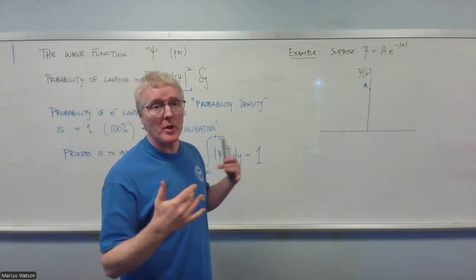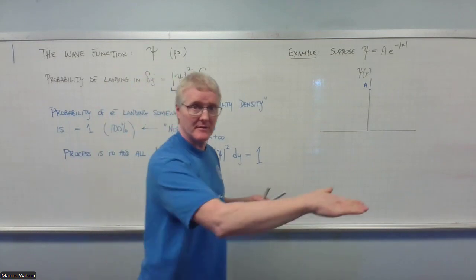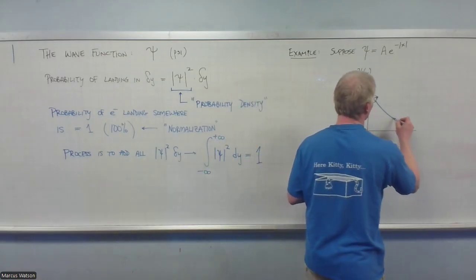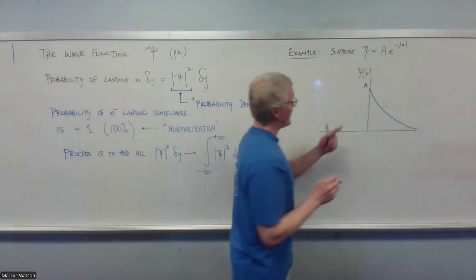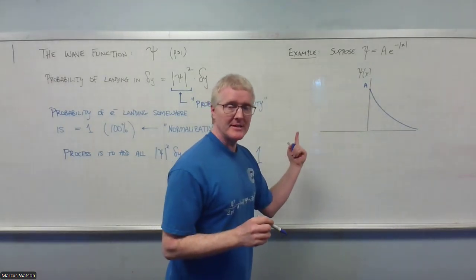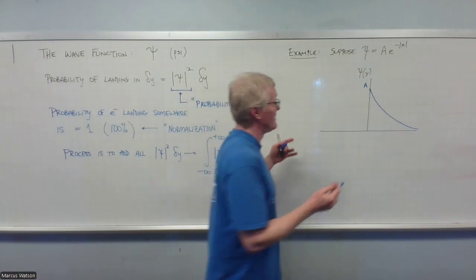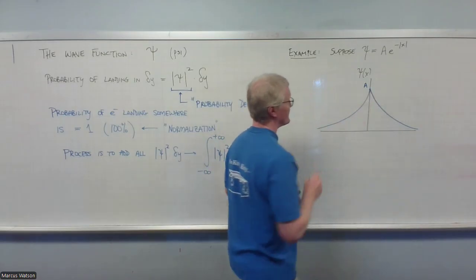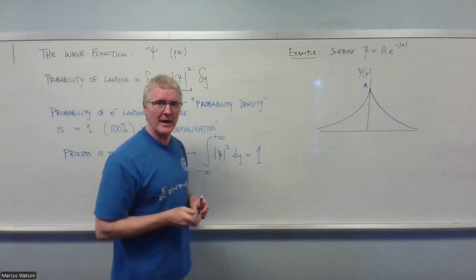And once it starts going away from that, it's going to be dying off, which means it should look like this. And if I go to the negative side of the axis, it should do the exact same thing because of the absolute value. So it should look like this, a mirror image of what I had on the other side.